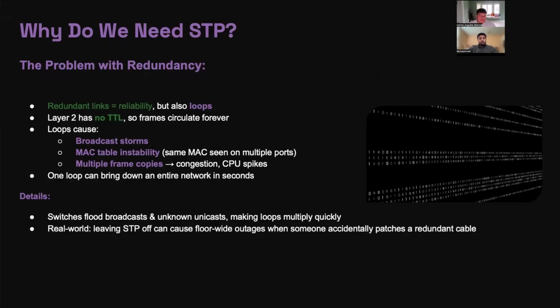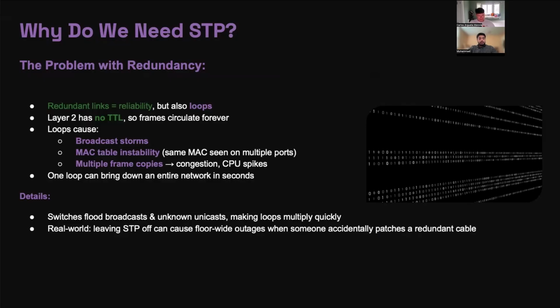Layer 2 has no TTL, so frames will circulate forever, and loops will cause broadcast storms as well as MAC table instability, where the same MAC address is seen on multiple ports as it goes through the network again and again in a loop.